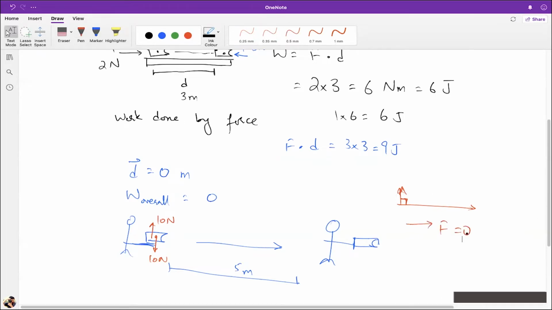There is no parallel force. So even if it travels 5 meters or 500 meters, the work done is 0 because there is no force parallel to the displacement. That's something you have to consider whenever you're solving questions on this: you will only consider the force that is parallel to the displacement that any object has covered.